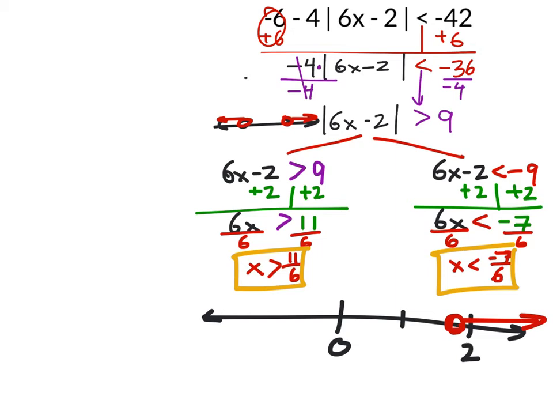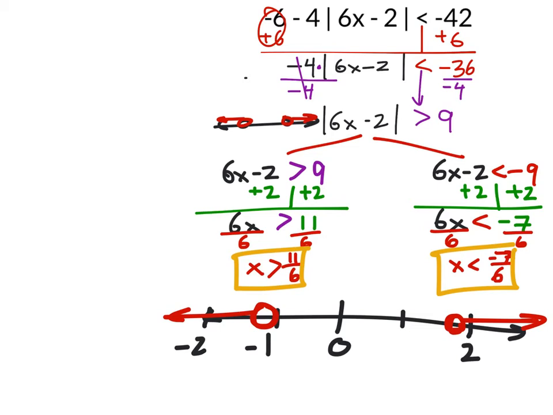-7/6 is -1 and 1/6, so it's a little bit less than -1. That's going to give us an open circle here, and since it's less than x, it goes to the left. So sure enough, it does look a lot like what we have up here. And what does this mean for the interval?